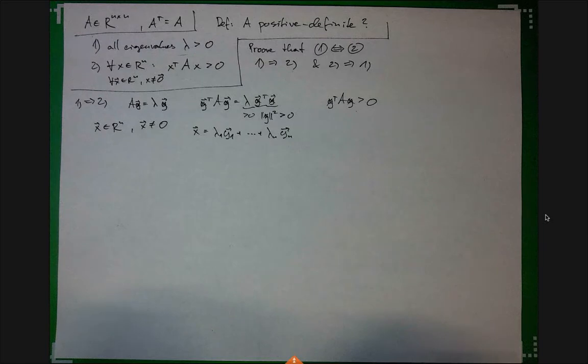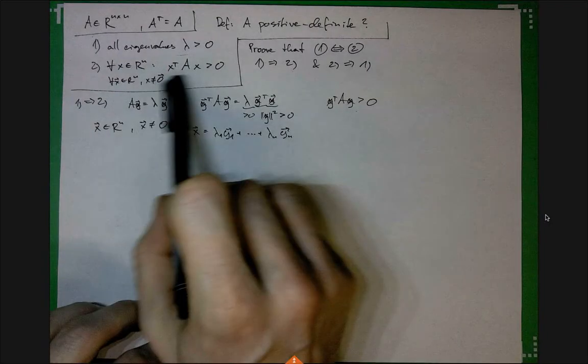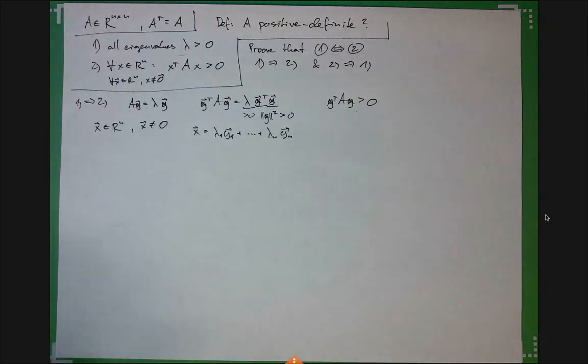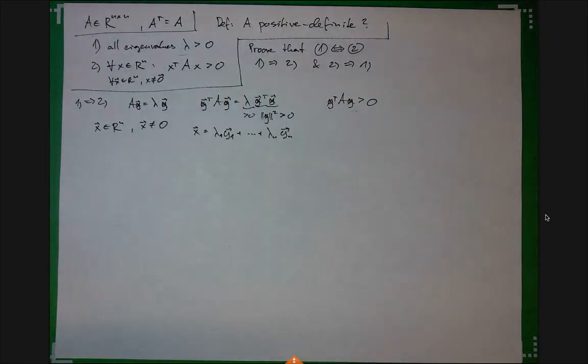Doesn't that satisfy the requirements for all x that are non-zero? But how? You need to somehow justify that, right? We still need to prove that x transpose A x would be greater than 0, right? So we can just plug in that expression and see what we get.